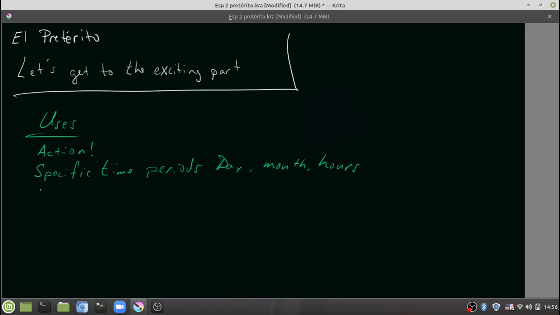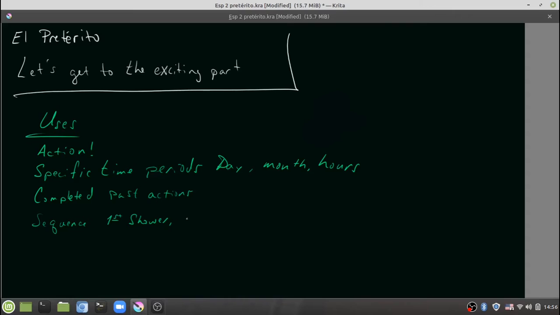Another thing is for completed past actions. We might not know exactly when that action started, but we definitely know that the action is done. And finally, the last thing I'm going to put up here is sequence. If we're talking about sequence, the first thing that I do when I wake up in the morning is I wake up and I take a shower.